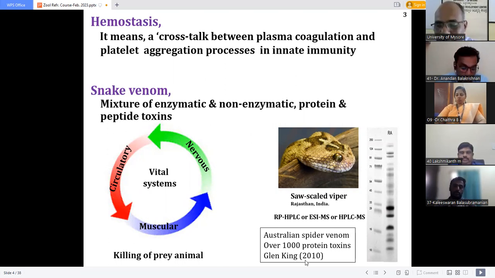See, Glenn King from Australia is working extensively on Australian spider venom, the funnel web spider venom. He has mentioned the presence of over 1,000 protein toxins in spider venom. So indicating that venom is truly a mixture of protein and peptide toxins.